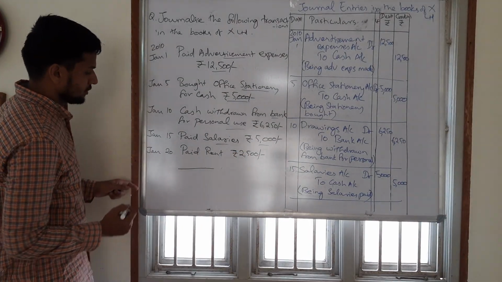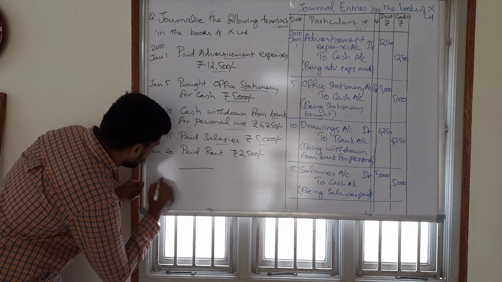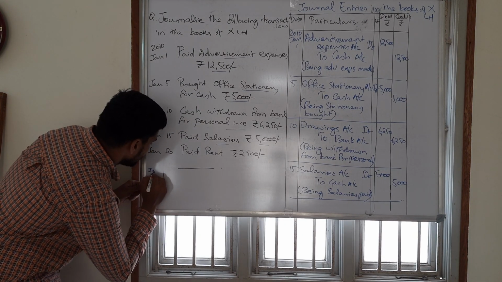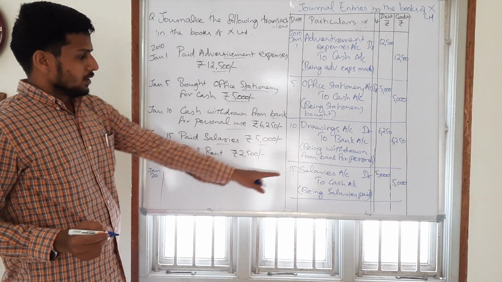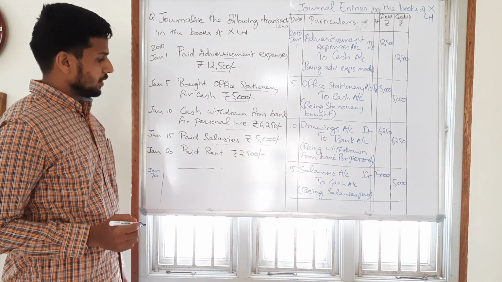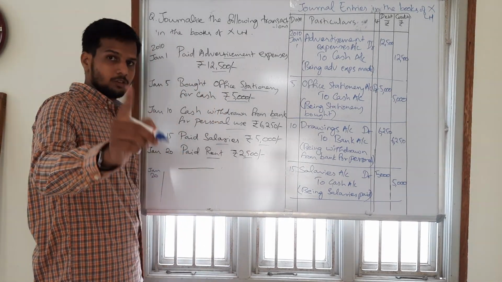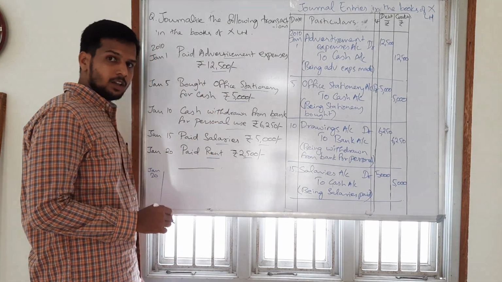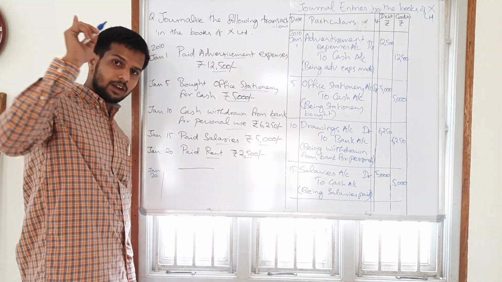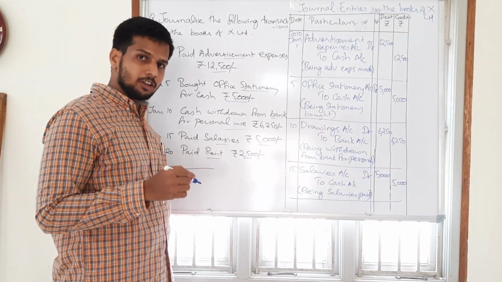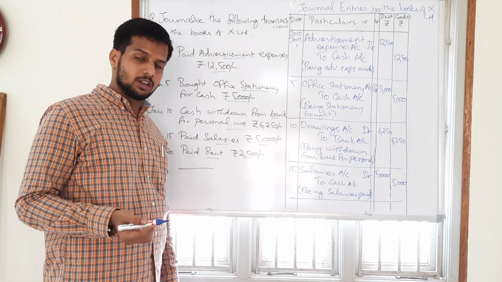The next transaction is January 20. In the particulars, paid rent rupees 2,500. Rent and cash are the two accounts affected in this transaction. Rent account comes under the head of nominal. Nominal account: debit all expenses and losses, credit all incomes and gains.